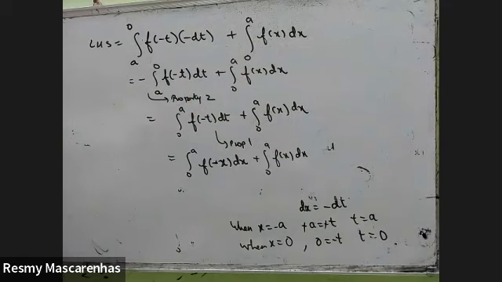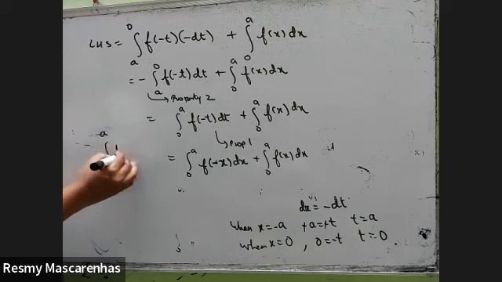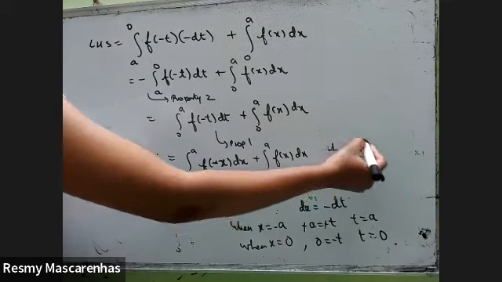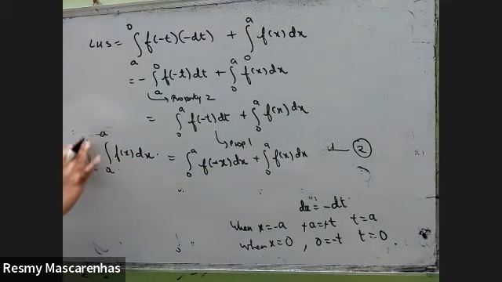So what was the left hand side? We'll get this equation, minus a to a. Mark this as equation 2. That's our main equation.